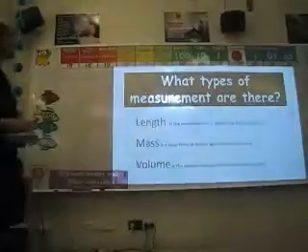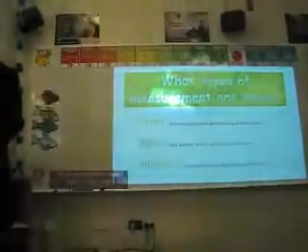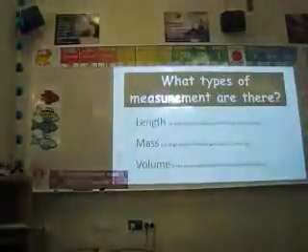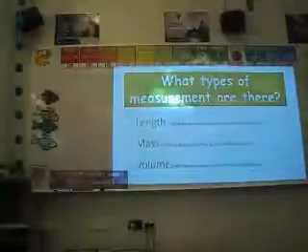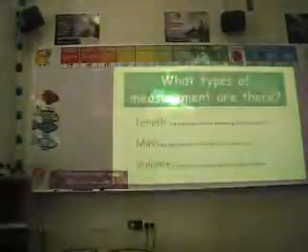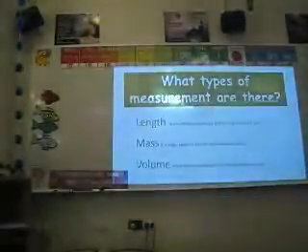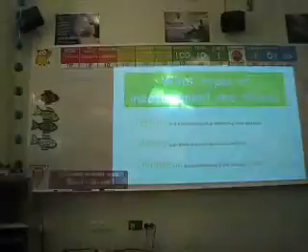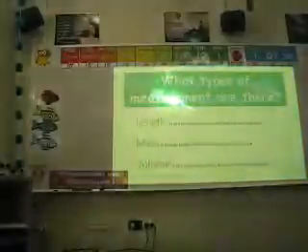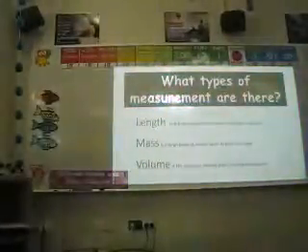Now I put here also 2 other measurements that we use, which are mass and volume. Taylor, can you read mass for me? Mass is a large body of matter with no definite shape. Okay, and volume. Elijah. Volume is the measurement of 3-dimensional shapes. Okay, beautiful.